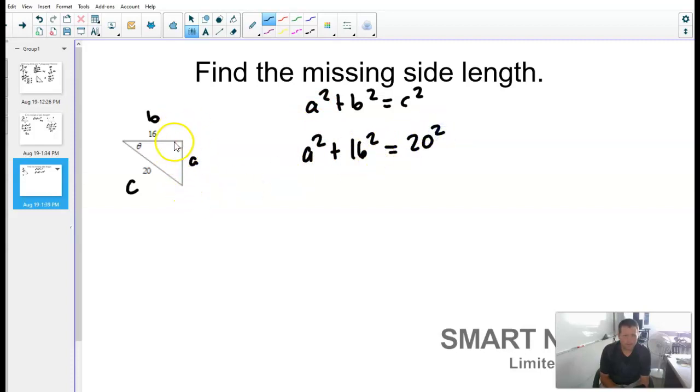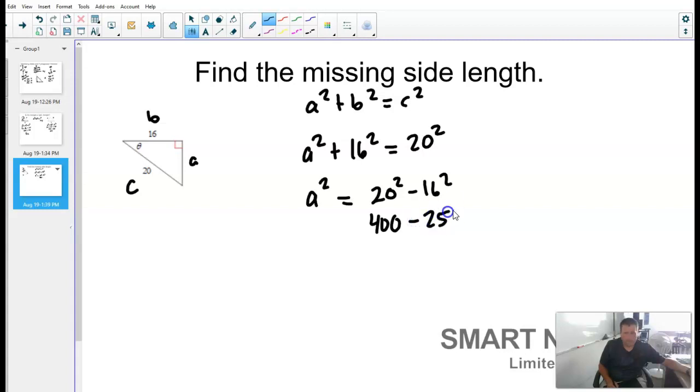And I do know this is a right triangle because it already tells me this. So if I solve for A, that's going to be 20 squared minus 16 squared here. And so I'm just going to calculate that and get what I should get here. So I get what, 400, and then this is 256 is what I get from that.